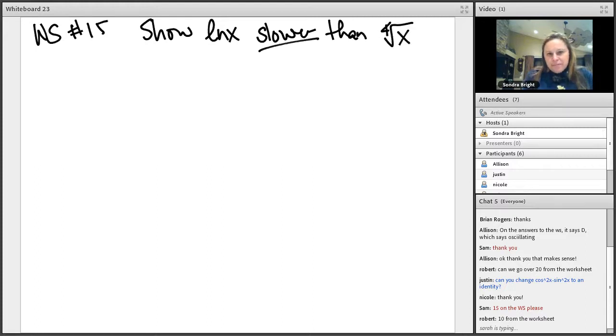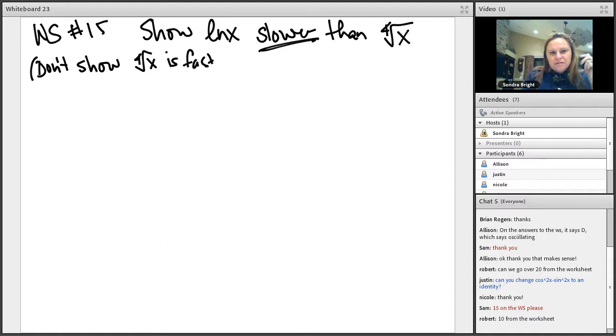Remember, if I'm asking you to show slower, you need to show slower. You can't show that the 4th root of x is faster than natural log of x.